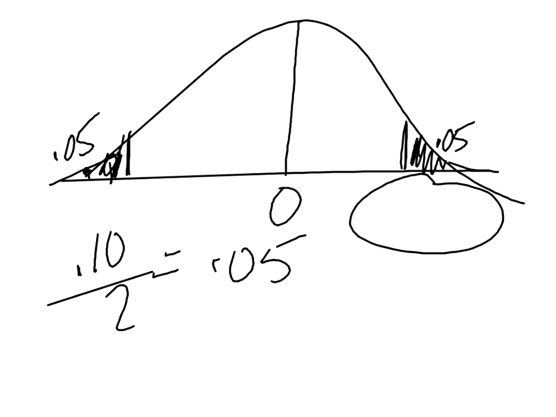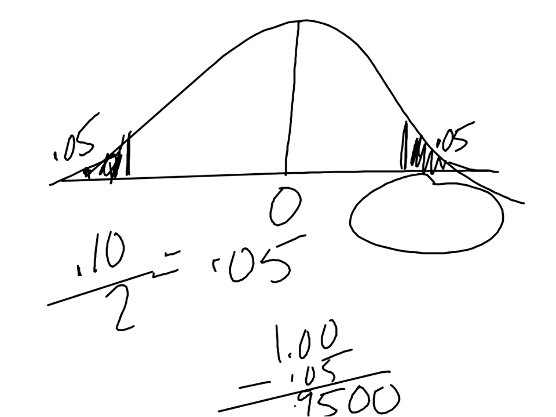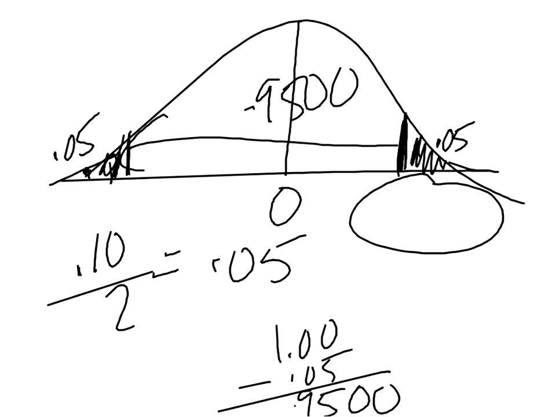So remember again from our tables, if we subtract 0.05 from 1.00, we get 0.9500. What we're basically saying here is that there will be 0.9500 of the area to the left of this 0.05 here.